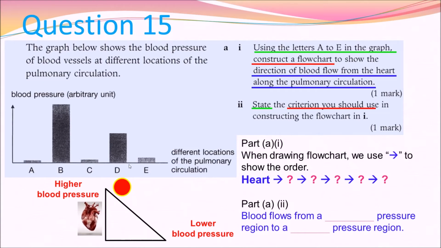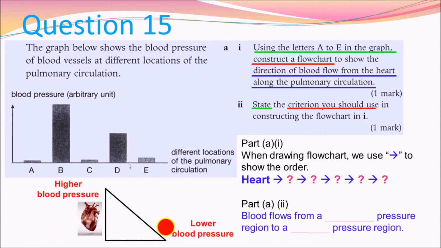No matter the water flow, air flow, or even the blood flow, it is just along the pressure gradient, from higher air pressure to lower air pressure, higher water pressure to lower water pressure, and higher blood pressure to lower blood pressure, from high to low. So that's the criterion.